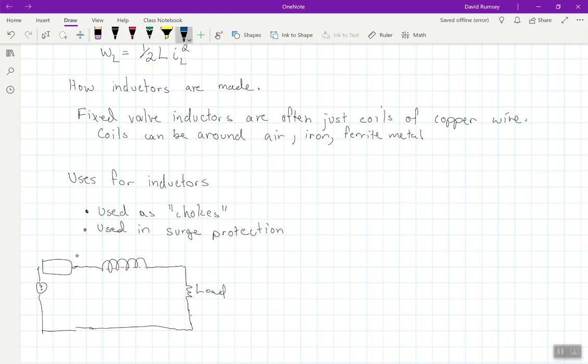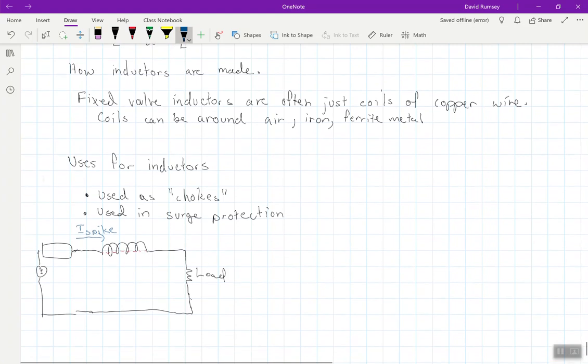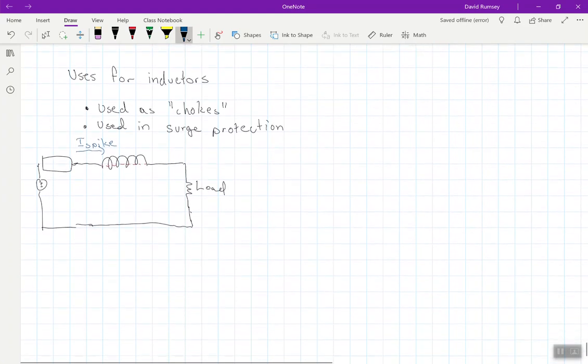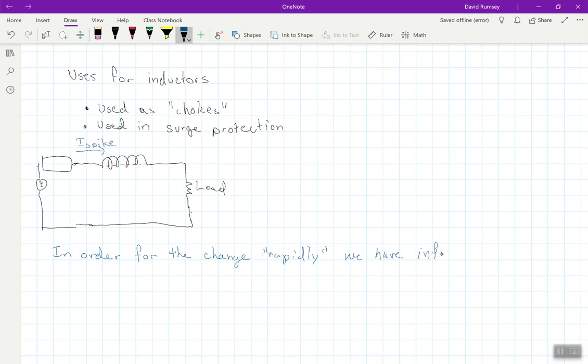Well, if I get a real large spike of current, so I get an I spike here, well, in order for the current to change rapidly, we must have infinite voltage.